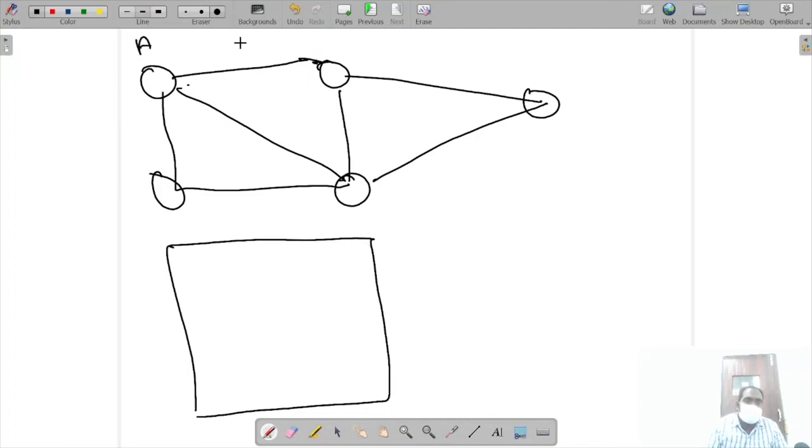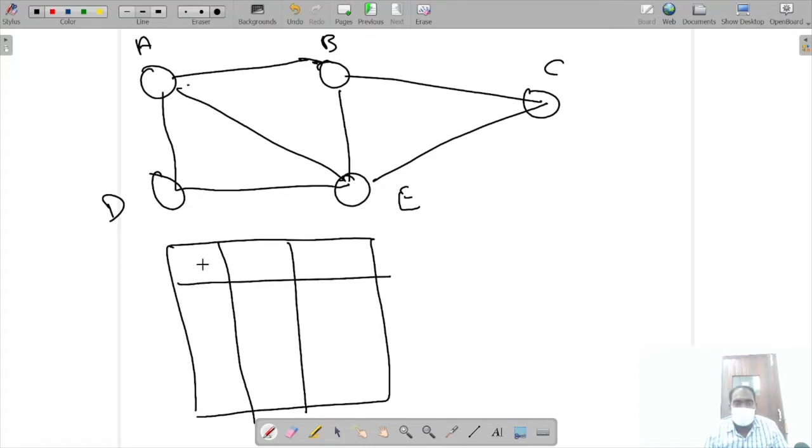Let's say this is A, B, C, D, and E. And this is the routing table of A. A says I can reach A at a cost of 0, and I don't have to next hop anywhere, so it is null.